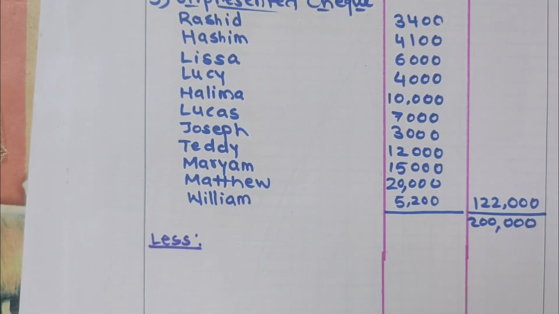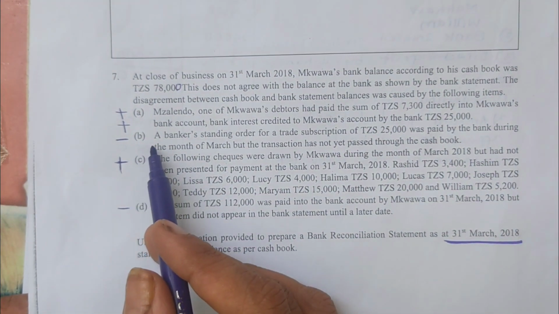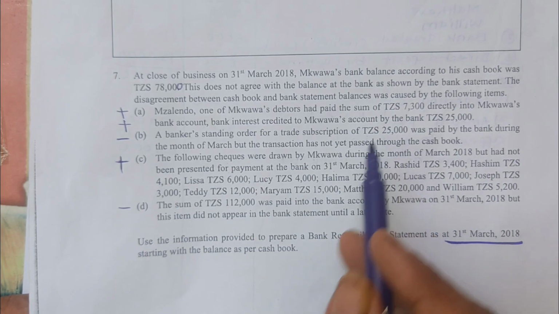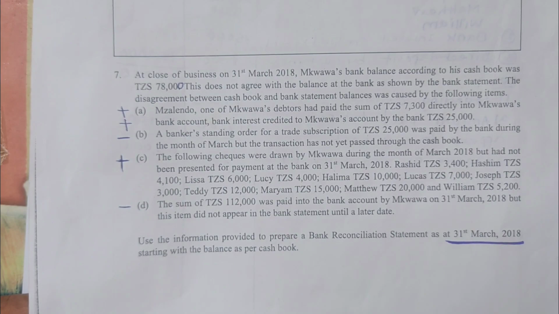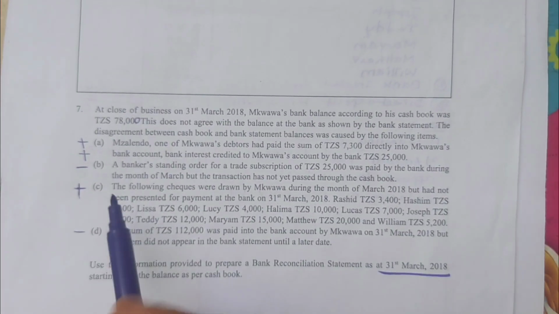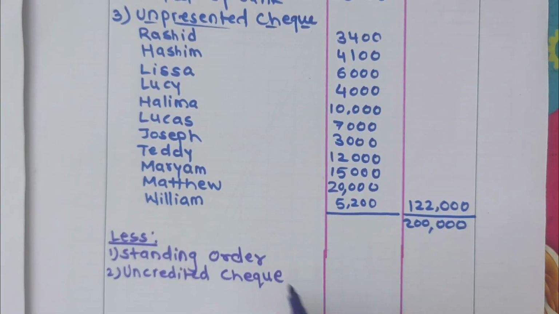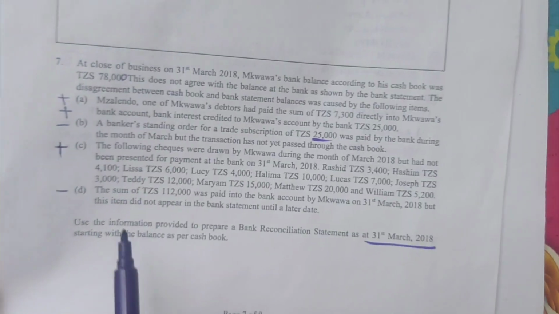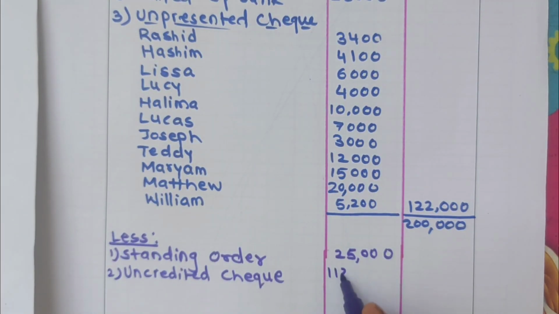So here we will write down less. Which items we have to deduct? Let's see again. The second one, standing order of 25,000. Then this uncredited check 112,000. So write down standing order 25,000 and uncredited check 112,000. These both items we have to deduct.